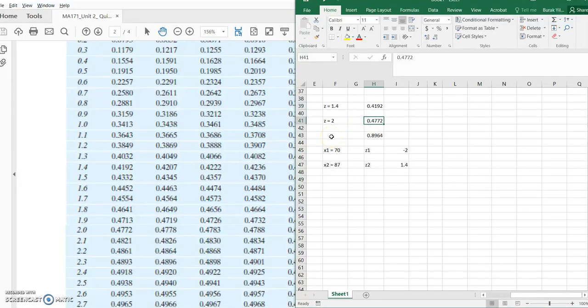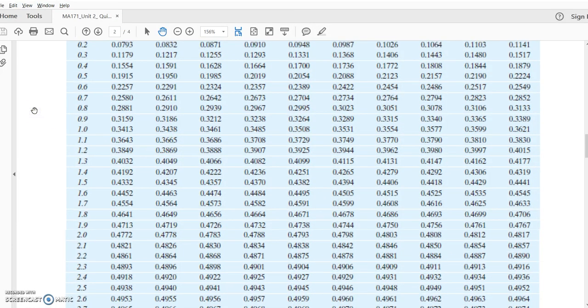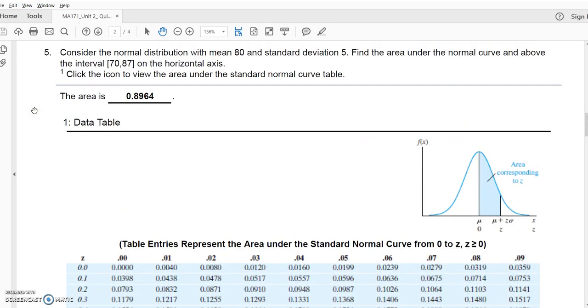And the total area for the interval 70 to 87 would be the addition of these two. If you add these two up, you get 0.8964. So that's our answer. 0.8964 is the area. That's number 5.